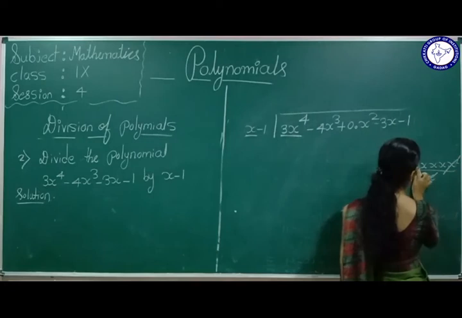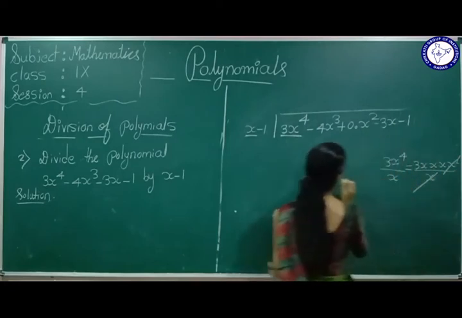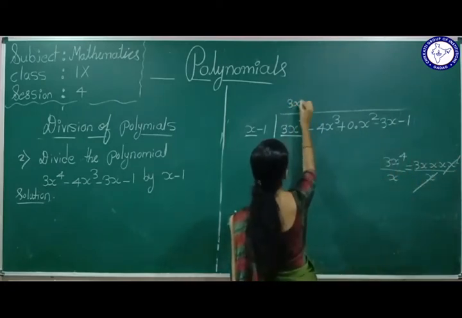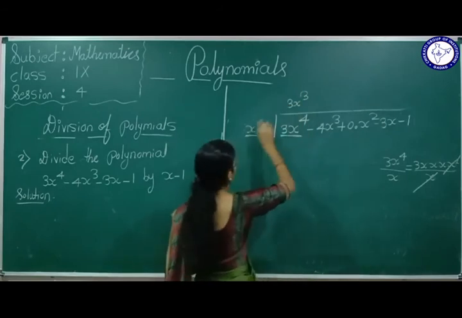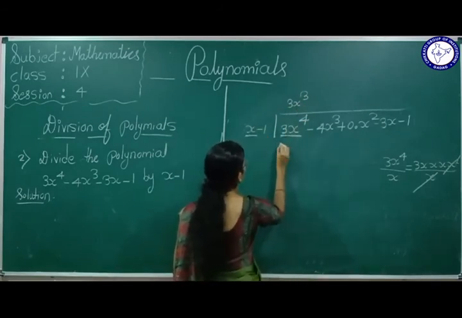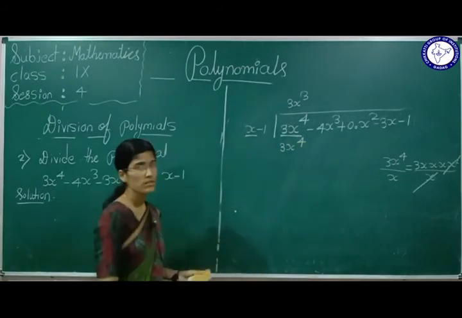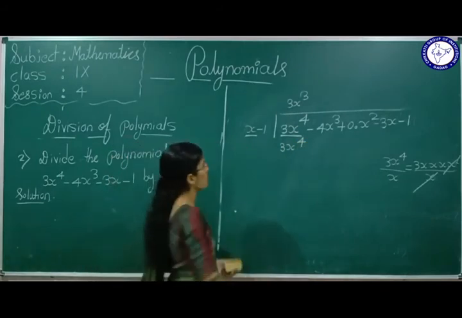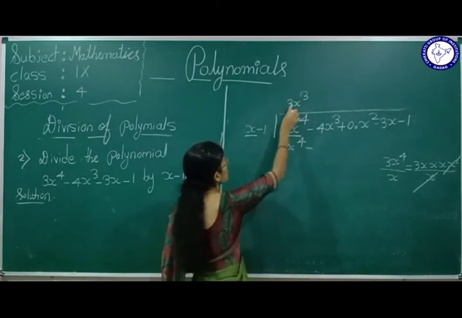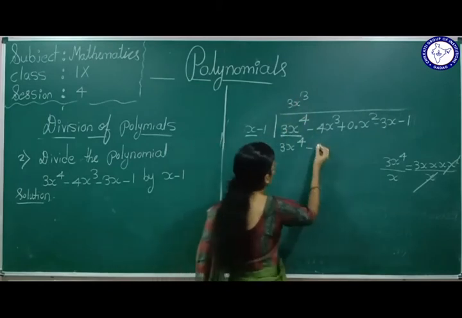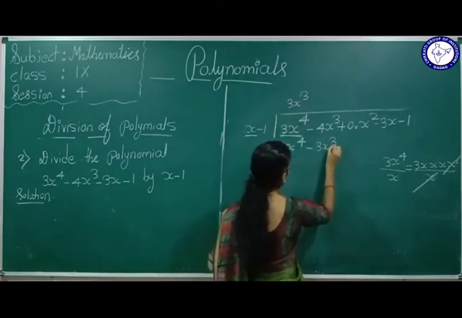How many remain? 3x raised to 3. X into 3x raised to 3 is 3x raised to 4 minus 1, that is 3x raised to 3.